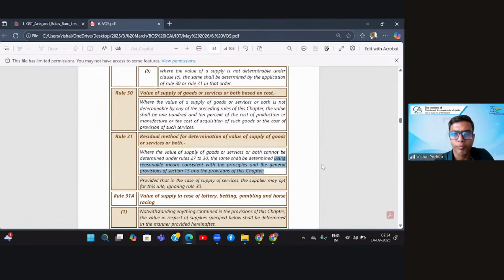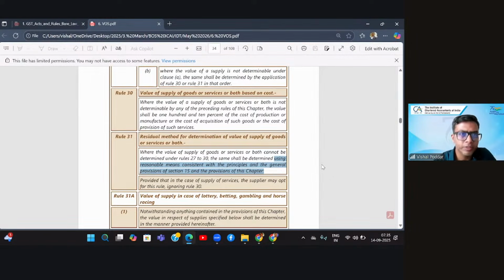Let me just inform you from a litigation point of view, there are multiple judgments. If I have to give you the citation, the mother judgment is Govind Saran Ganga Saran. In this judgment, the Honorable Court said that there are four legs on which taxation will stand, and if any of the legs is missing, the taxation will fail. One of the legs is valuation.